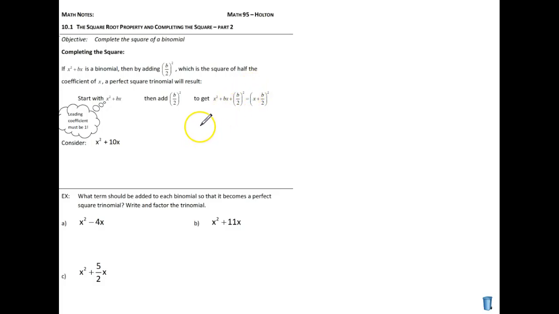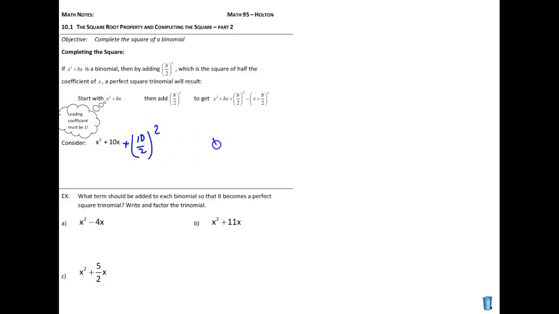And remember, b is just a number, so these will actually just be numbers. You can write this as x plus b over 2, the whole quantity squared. So let's pretend that this is our x squared plus bx, where in this case b is 10. What I'm going to add to this binomial is 10 divided by 2 squared.